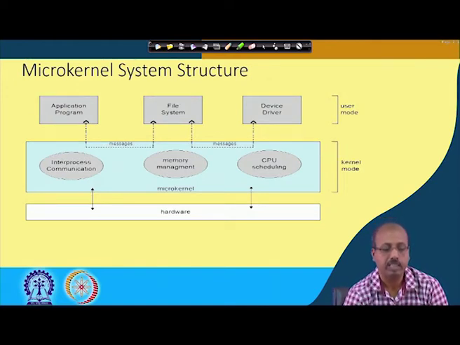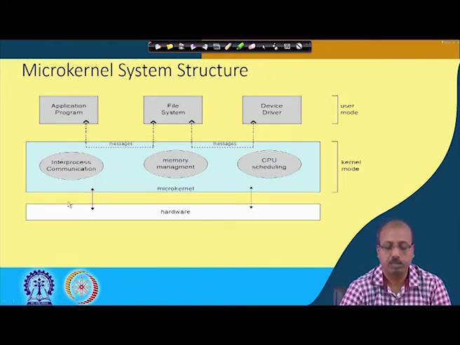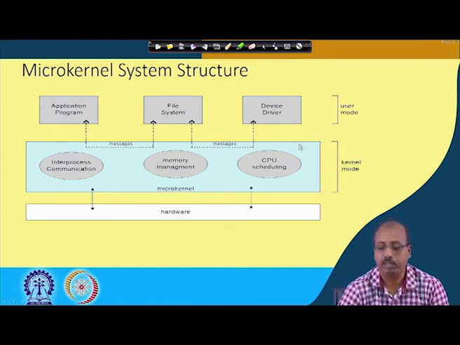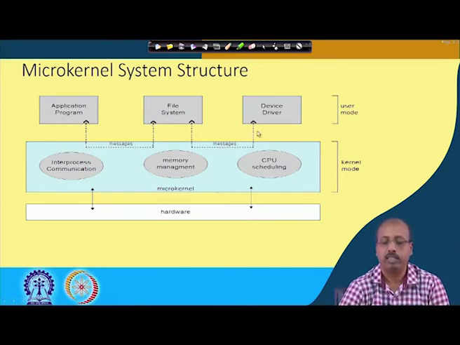This is a typical structure of a microkernel. Basically, on top of the hardware we have the microkernel, and the microkernel has inter-process communication primitives, memory management and CPU scheduling policy. These constitute the kernel mode of operation, while other components like application programs, file system and device drivers all run in the user mode only.